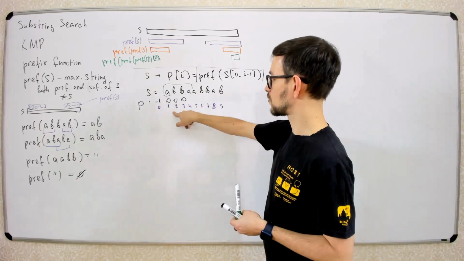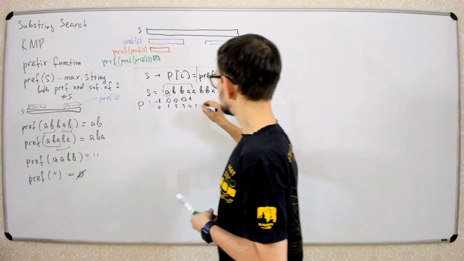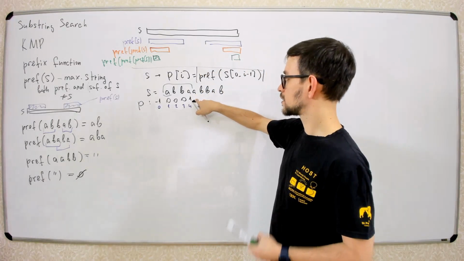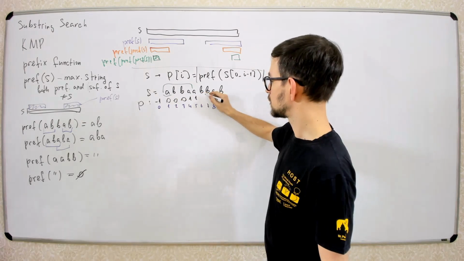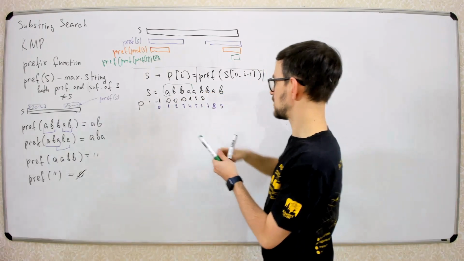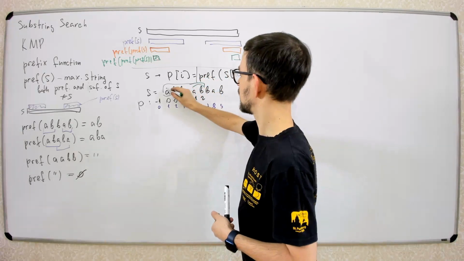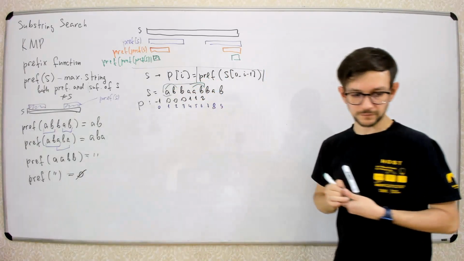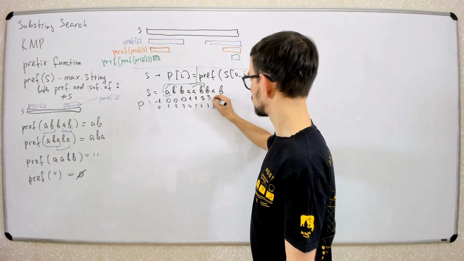So prefix function of this prefix of length 4 is 1. Here the same thing, so the largest string which is prefix and suffix is 1. Here it is 2, since we have string AB. So for this prefix, we have string AB here and AB here. So its length is 2. Here the length is 3.